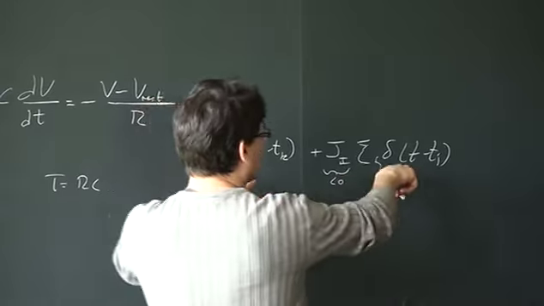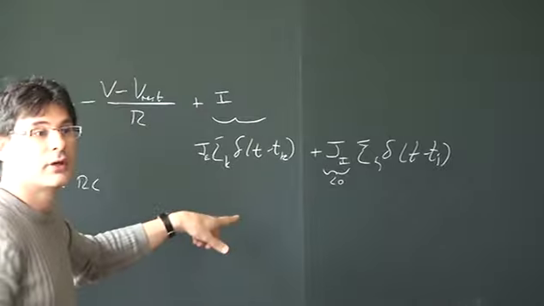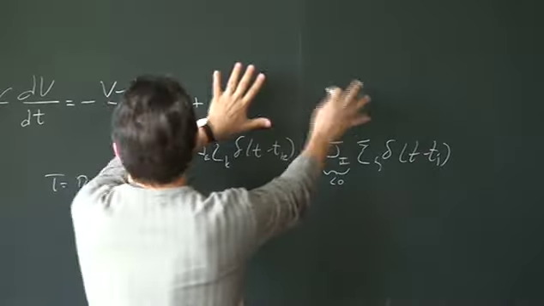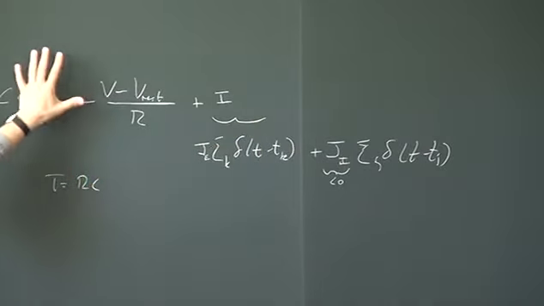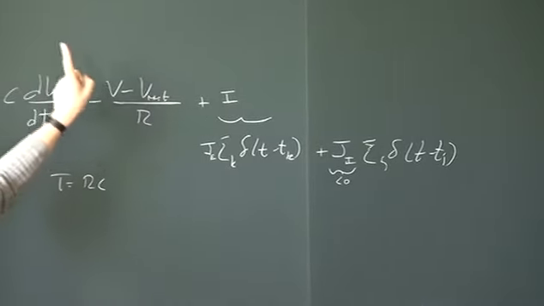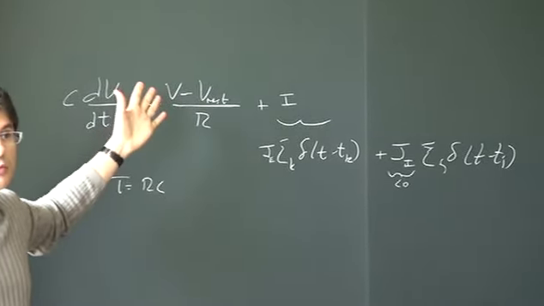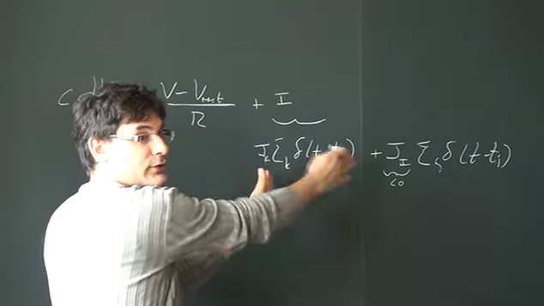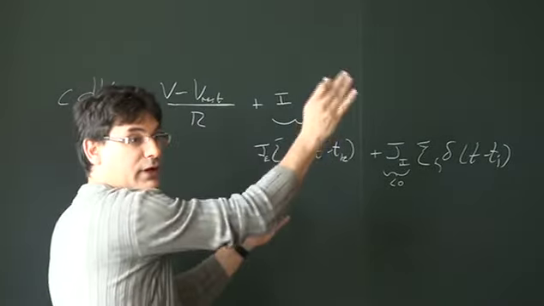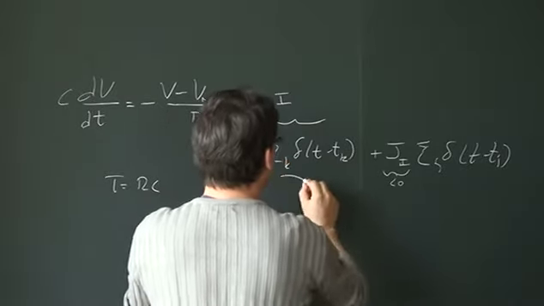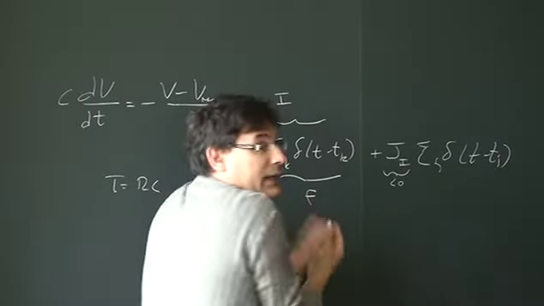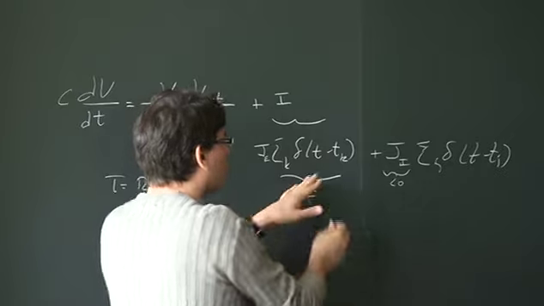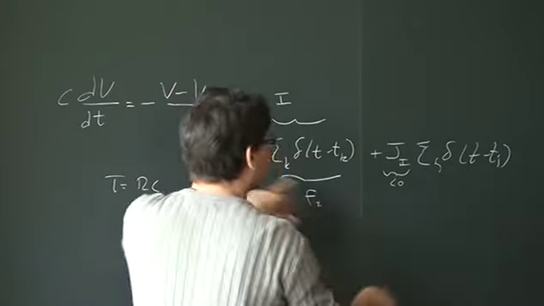And this is a stochastic point process. So if you write this here, this will be the equation of the integrate-and-fire neuron driven by a Poisson point process of a given firing rate. If you take the temporal average of this, integrate it and divide by the temporal window, this will give you the firing rate or the spike count, say F_E, and so on.